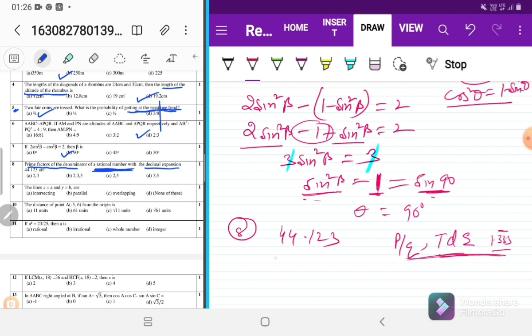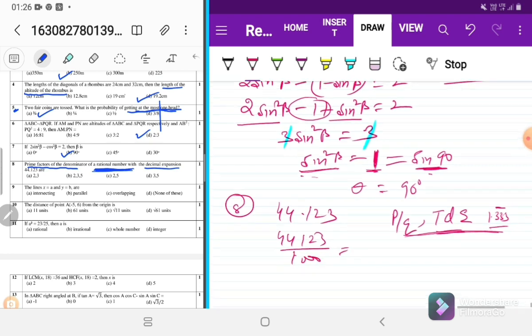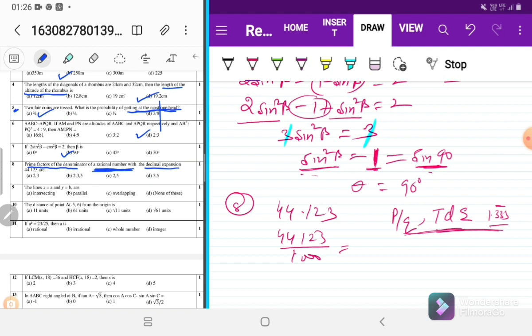No need to prove it here. What children will do is write it out like this. It is not wrong, but you can also do it in short. When we write the decimal expansion of any rational number, its denominator, that is q, should have prime factors in the form of 2 and 5.